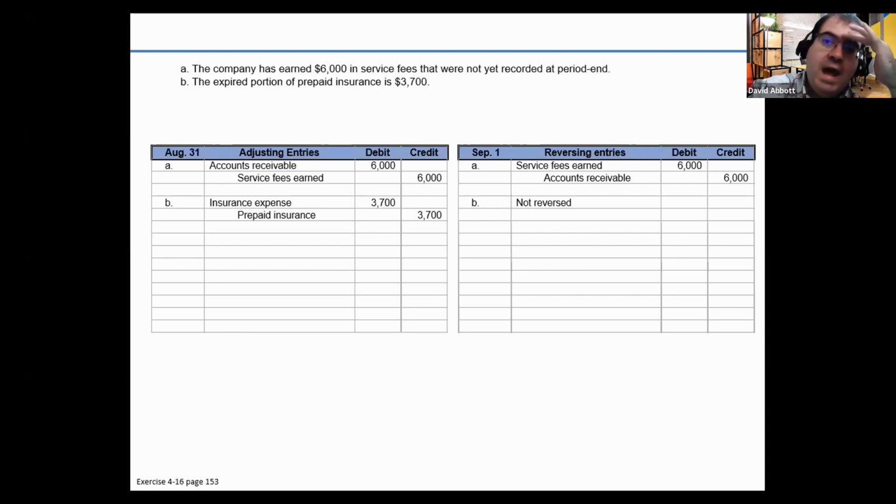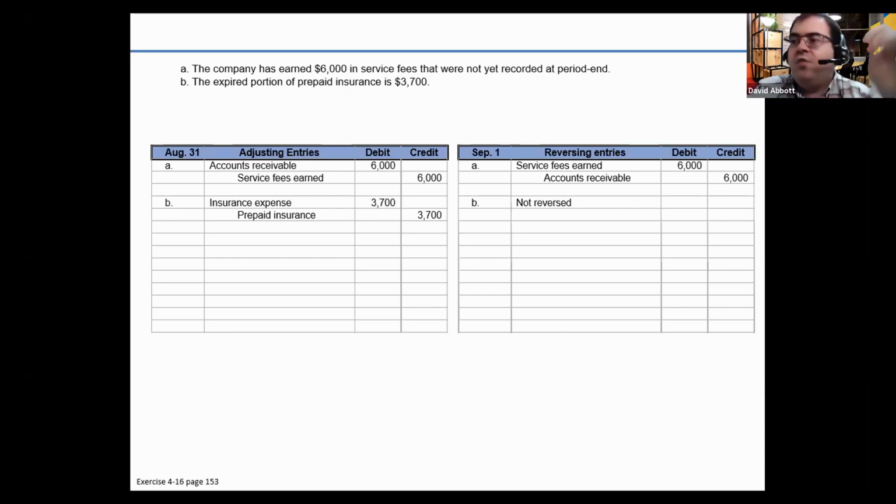The first one, A, the company has earned $6,000 in service fees that have not yet been recorded. So we haven't recorded it, so we have to go ahead and do that for the reversing entries, in order to recognize that they earned the fees, they just haven't recorded it.